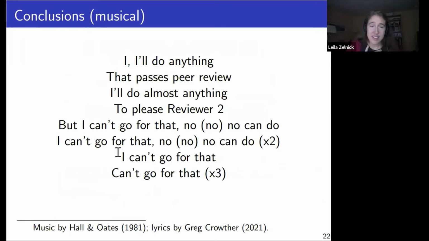I'll do anything that passes peer review, yeah, and I'll do almost anything to please reviewer too, yeah, but I can't go for that, no. No can do, I can't go for that, no. No can do, I won't do those stats, no. No can do, I can't go for that.